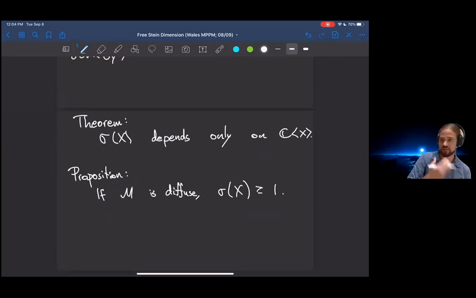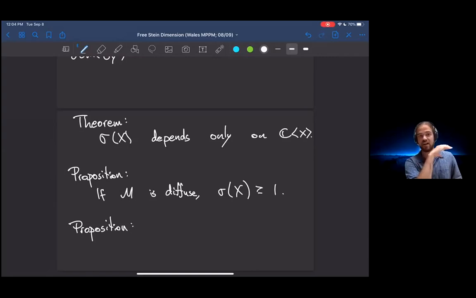And so recently, and this is part of our ongoing project, I'll call this another proposition, I suppose. You can use this lower bound and some careful working with this space of derivations. In particular, one can look at how relations in the algebra generated by X translate into restrictions on the space of derivations which have 1 tensor 1 in their adjoint. And that can be used to actually compute explicitly the Stein dimension in several nice cases.